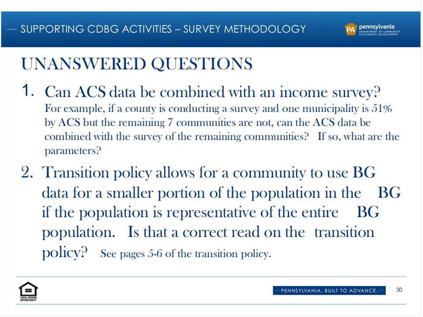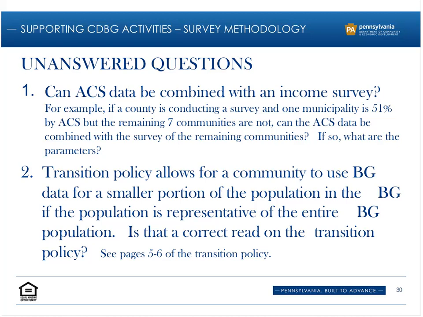The transition policy, question 2, allows the community to use block group data for a smaller portion of the population in the block group if that population is representative of the entire block group. What we've asked for is, is this a correct read on the transition policy. And if you look on pages 5 and 6, they give a very good example.